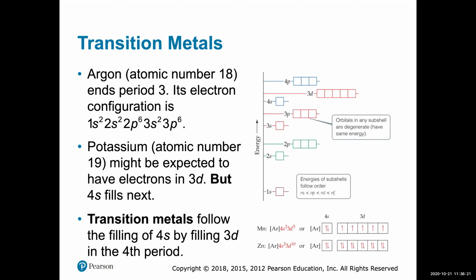Potassium, the next one, you might think it would be 3d, but the energy diagrams tell us that 4s is next. Here we see on the right-hand side the energy diagrams for these transition metals. As we get to the transition metals, we follow the filling of 4s by 3d.